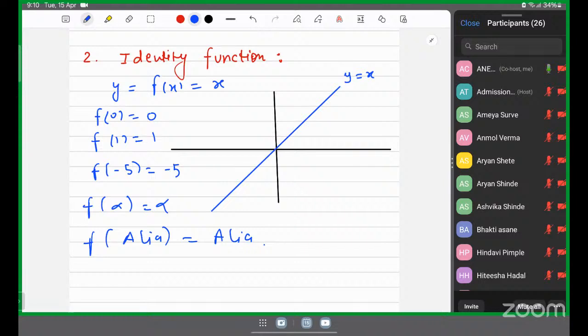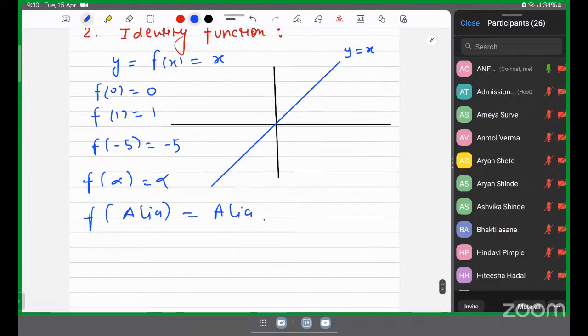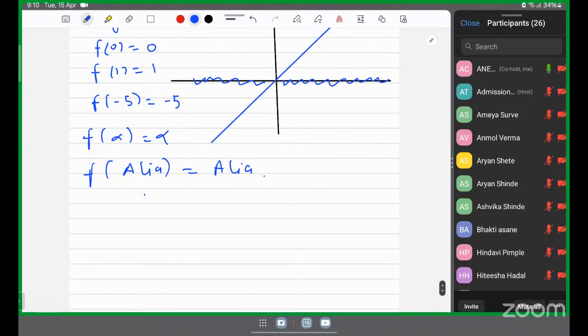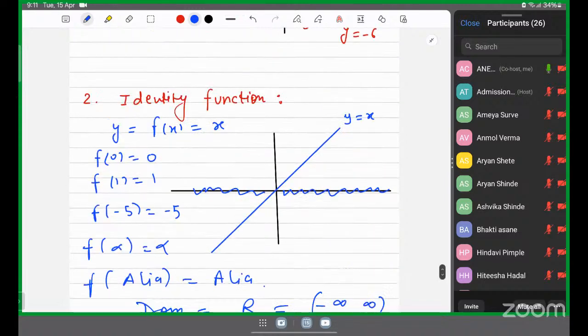If you look at the graph, it extends from minus infinity to plus infinity. And you can take all possible values of x on the x-axis in both directions. Which means its domain will be all real numbers, that is again minus infinity to plus infinity. And its range, if you look at the y-axis, the graph can go to infinity in the y direction.